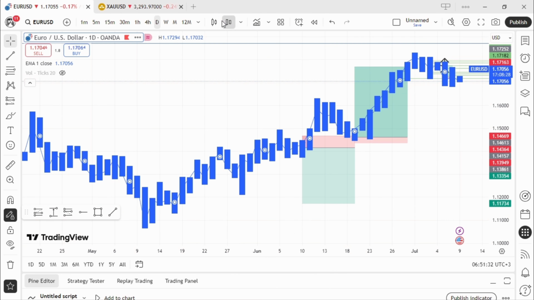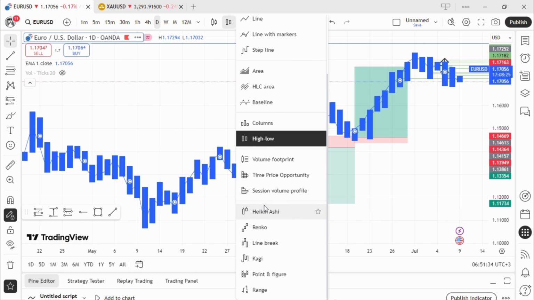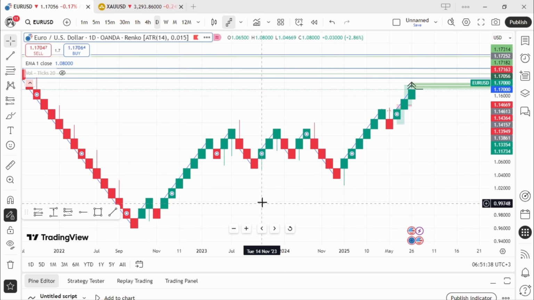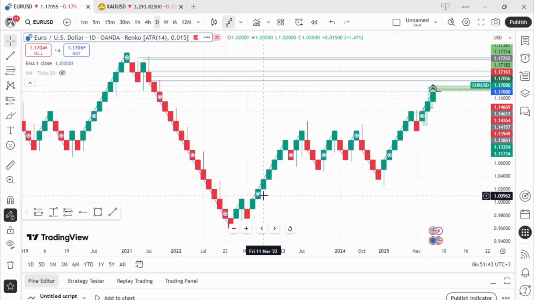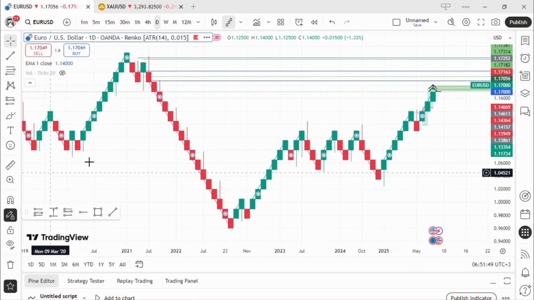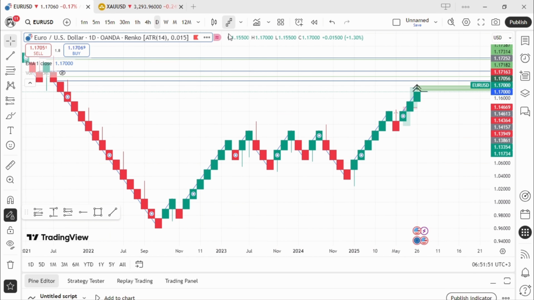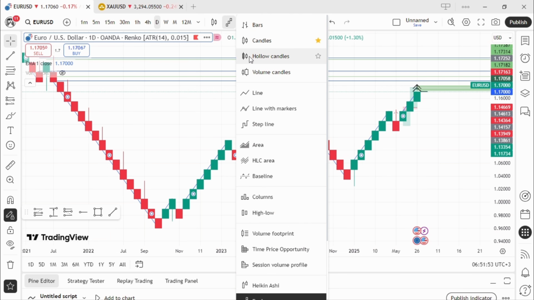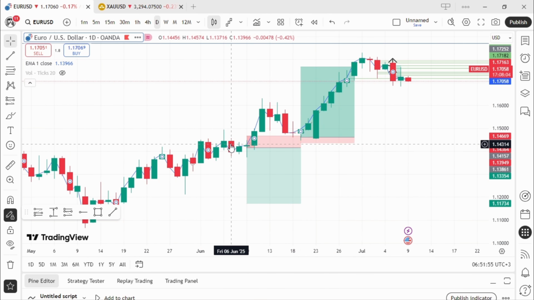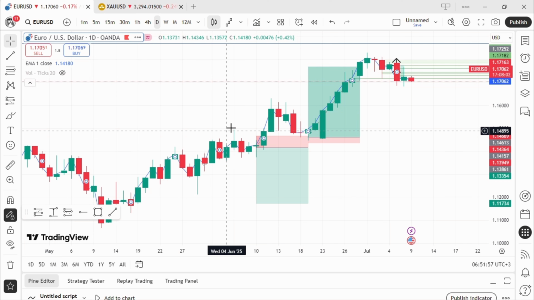Trust me, TradingView has lots of these things, lots and lots of them. So you can just come and do your analysis from here, right? Just come and do it from here.